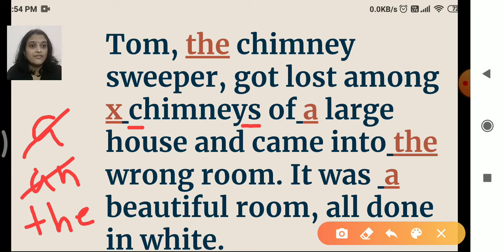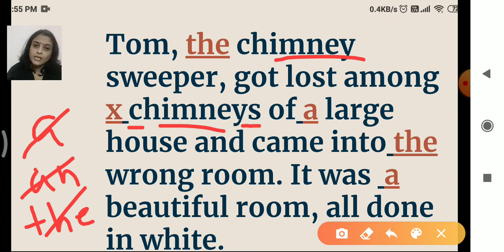Here we have chimney, but it is in a different context. We are talking here about Tom, and here the word chimneys is being introduced for the first time. In general they are talking, so again we cannot use the article the there. So none of the articles can be inserted here, because of the reasons I have explained. A will not come because chimneys is plural.